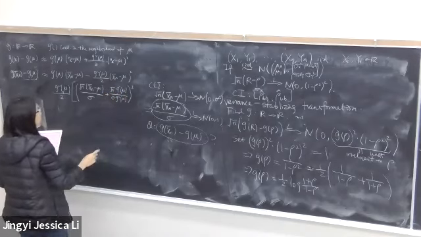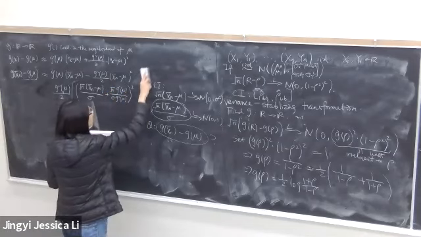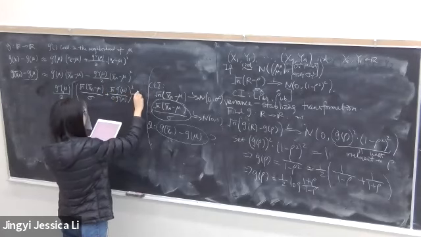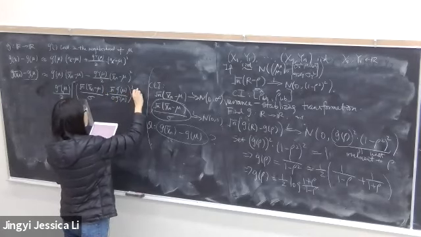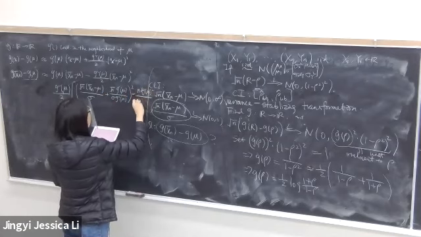This is the first term, and I will have a second term, minus n times g prime mu squared divided by sigma squared g double prime mu squared.